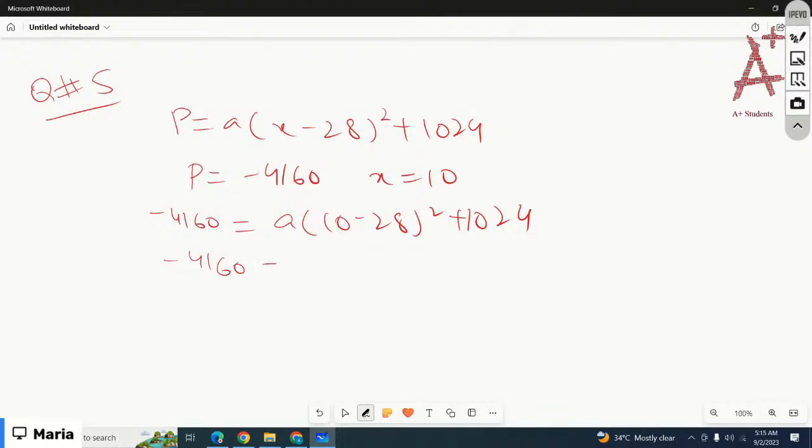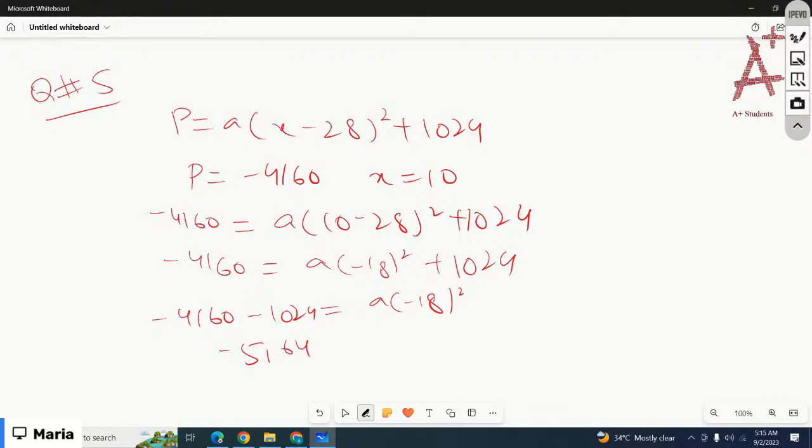Negative 4160 equals a times negative 18 squared plus 1024. So a times negative 18 squared is negative 4160 minus 1024. That is negative 5184 equals 324a.